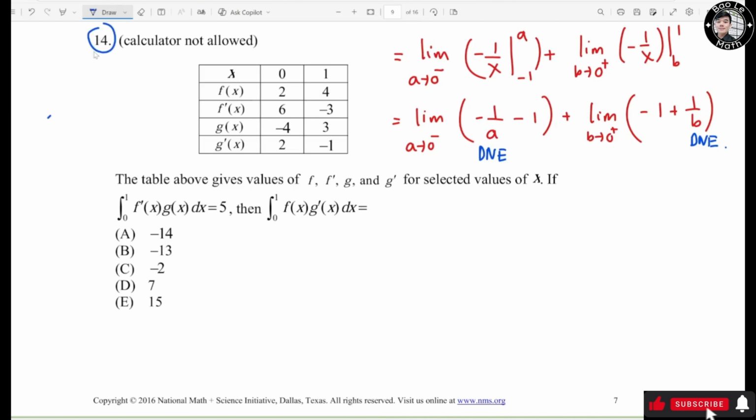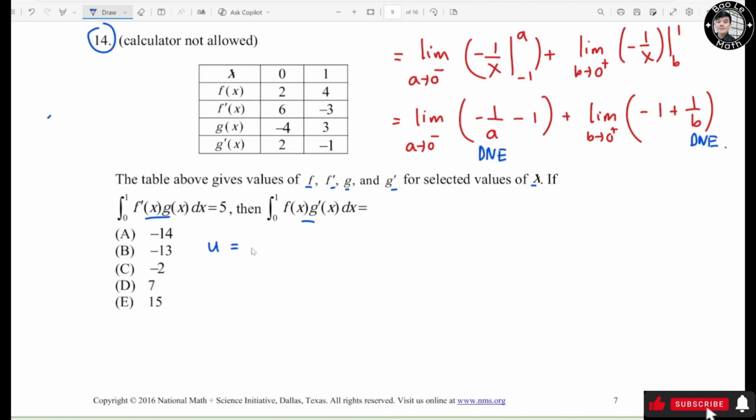Now let's move on to question 14. The table above gives values of f, f prime, g, g prime for selected values of s. If we have this guy, then this guy equals how much, right? So basically, we need to use integration by parts.